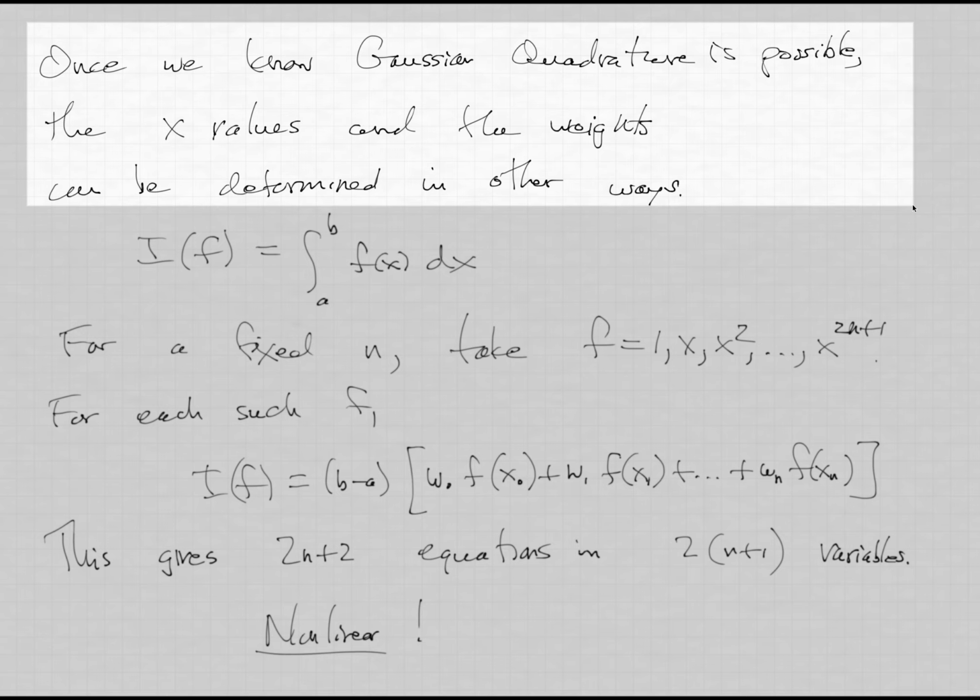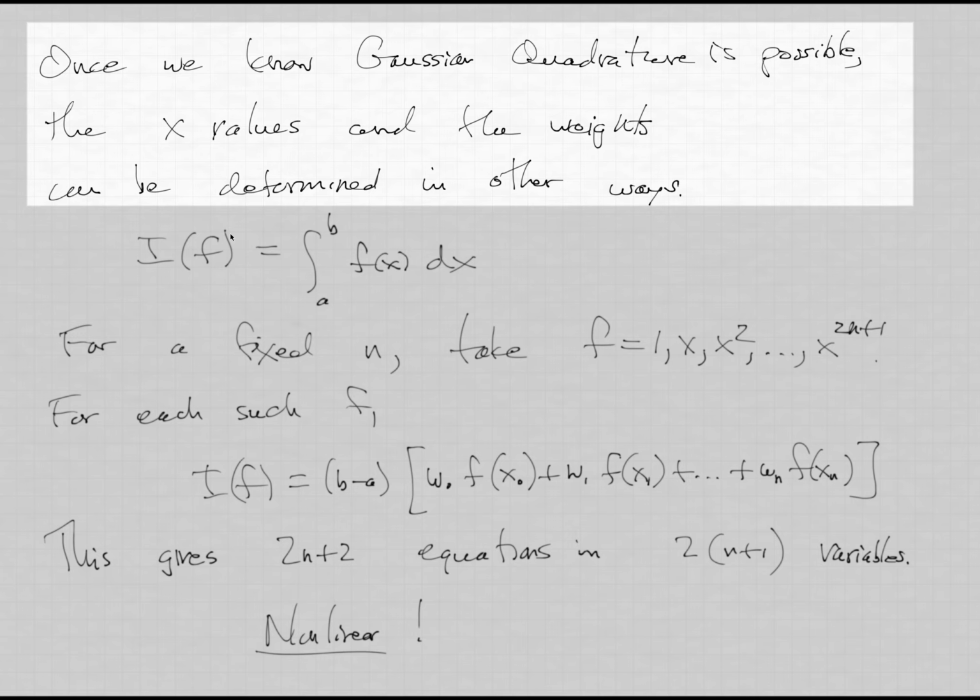It was possible to find sample points and weights that would allow you to calculate the value of an integral for polynomials up to a certain degree, right? But now that we know that that's possible, there are other ways to determine those sample points and the weights.